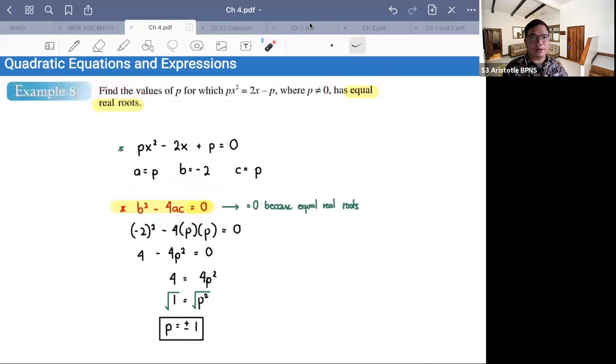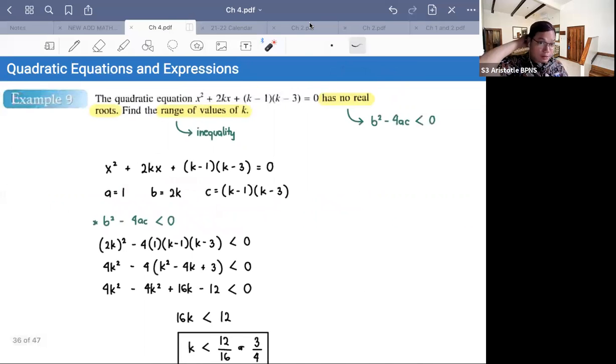Let me jump to example number 9. But this one, I won't be able to explain since we are out of time. For example number 9, you're given this quadratic equation, and it says it has no real roots. If it has no real roots, that means that your discriminant is less than 0. And take note of the question, find the range of values of k.